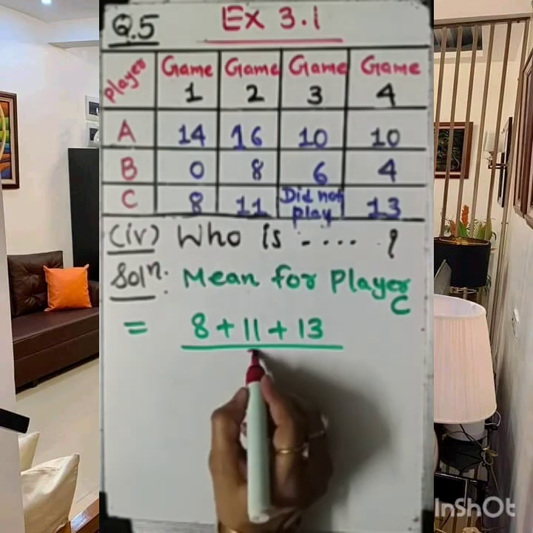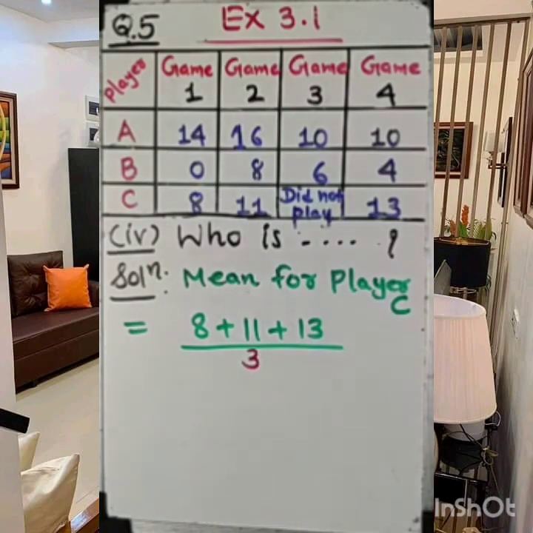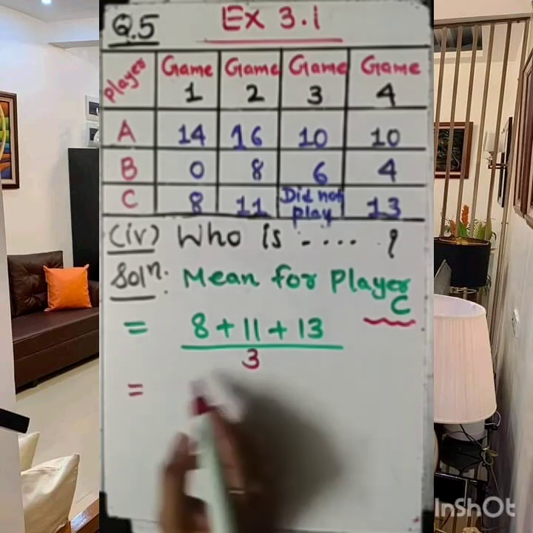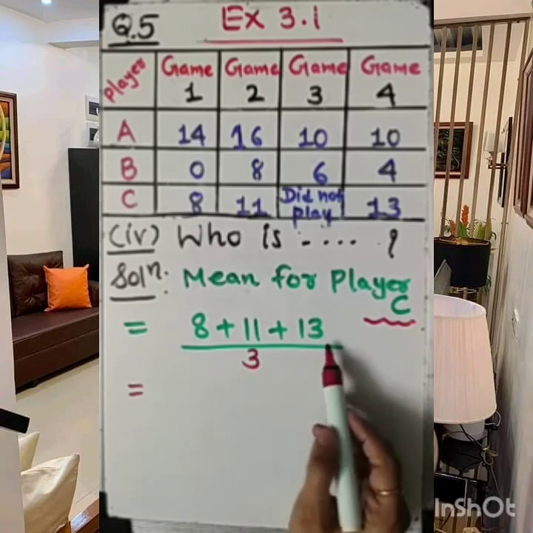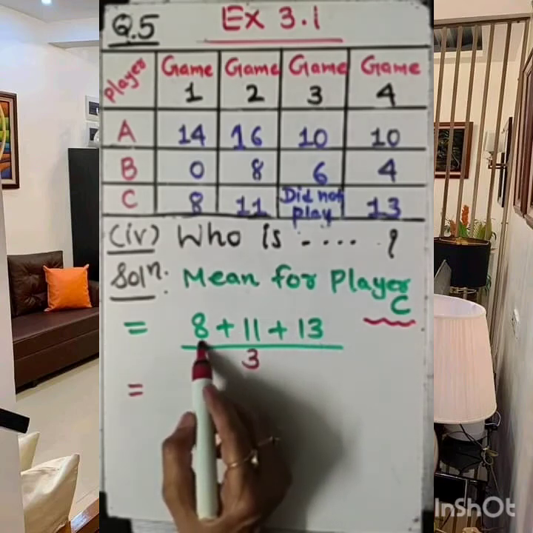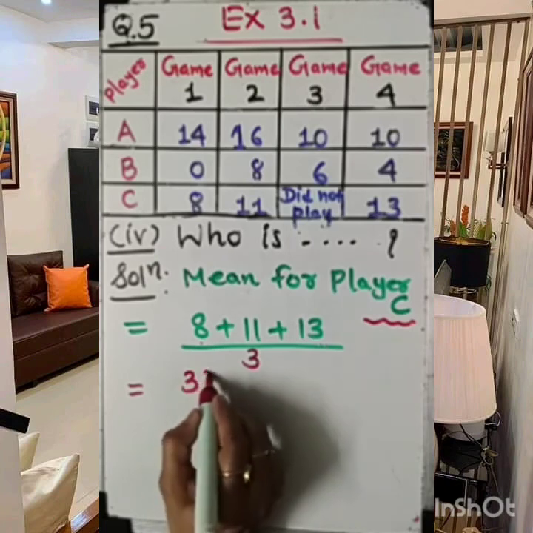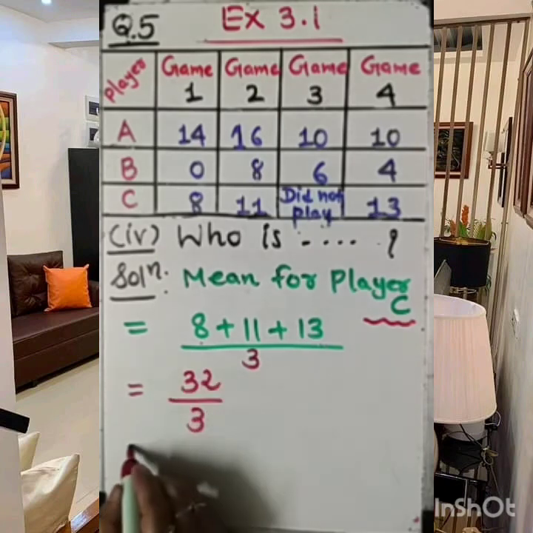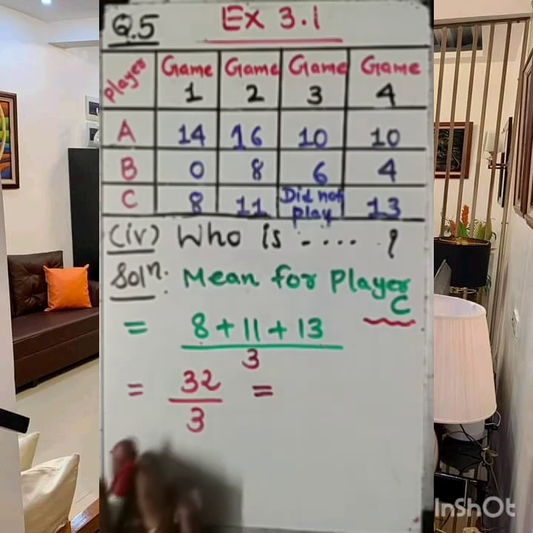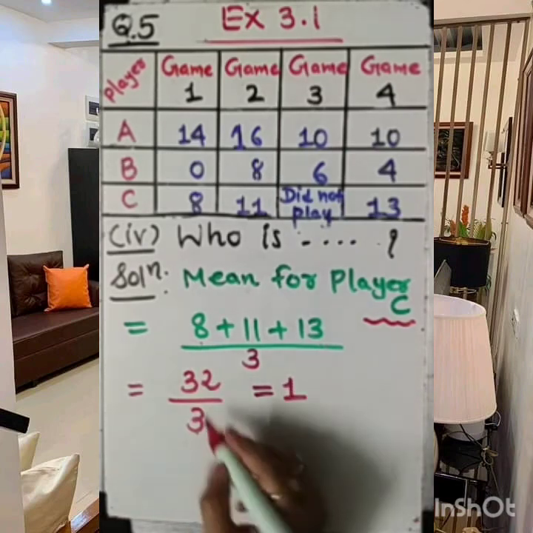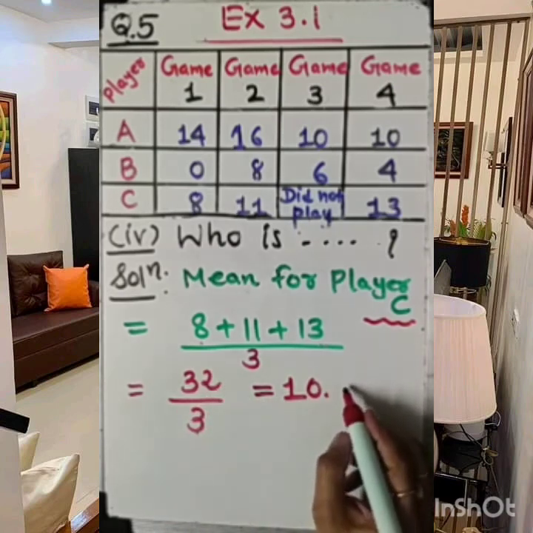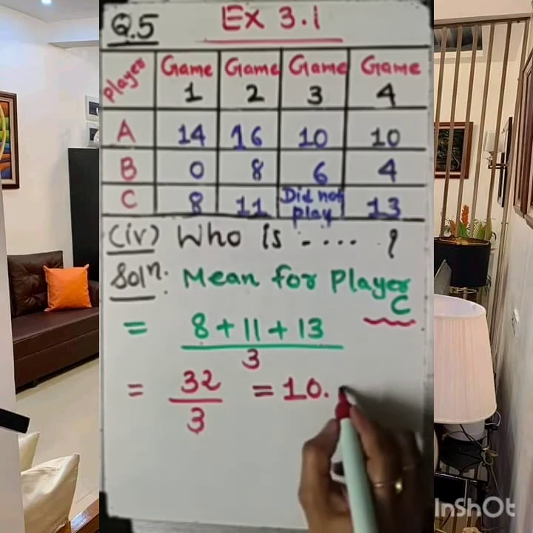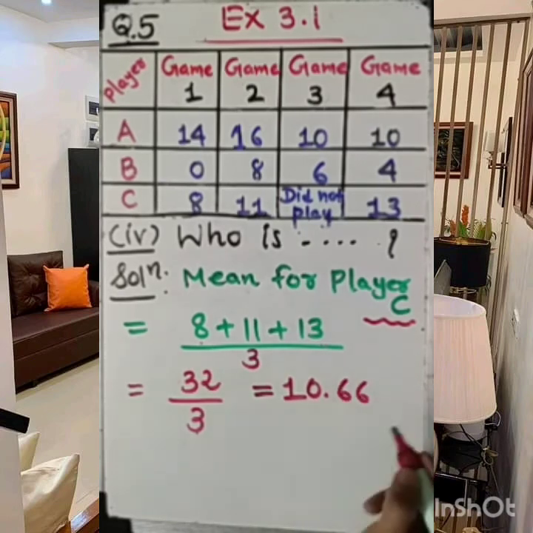So we need to find the mean for the 3 games for player C. The sum is 11 plus 13, 24. 24 plus 8 is 32. 32 divided by 3. 3 1s are 3. 2, not possible, so bring down 0, it will be 20. Then 3 6s are 18. Again 3 6s, approximately 10.666 will come.